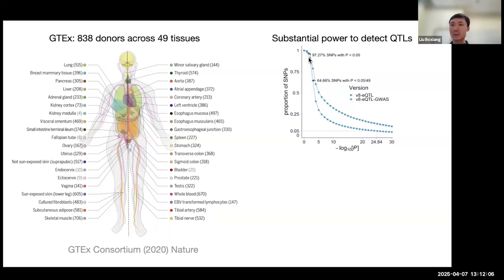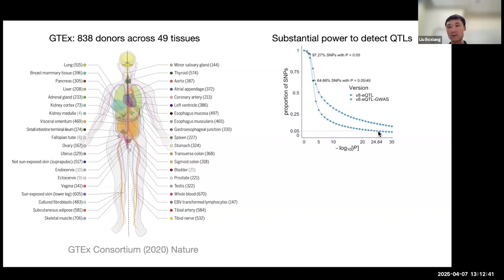If we correct for multiple hypothesis testing, correcting for the number of tissues tested, 64% of SNPs would be associated with expression of at least one gene. That is still very high. And if we restrict the proportion of SNPs to 0.05, we have to use a negative log 10 p-value threshold of 24.84, which is an insanely high p-value cutoff.